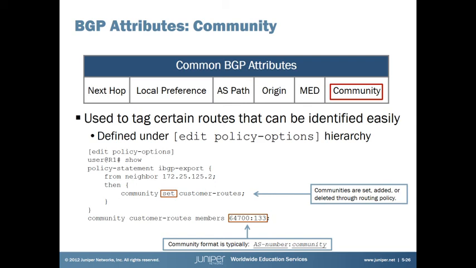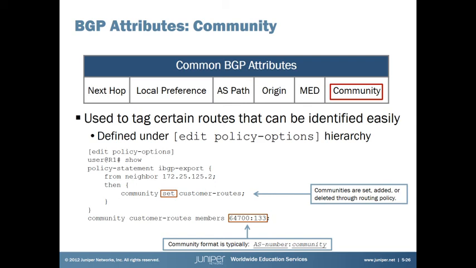We may decide to import routes with a certain community or not import routes with a certain community value. So we can use a community value in the future as a way of treating a group of routes in a particular way based on the community value that that route has.